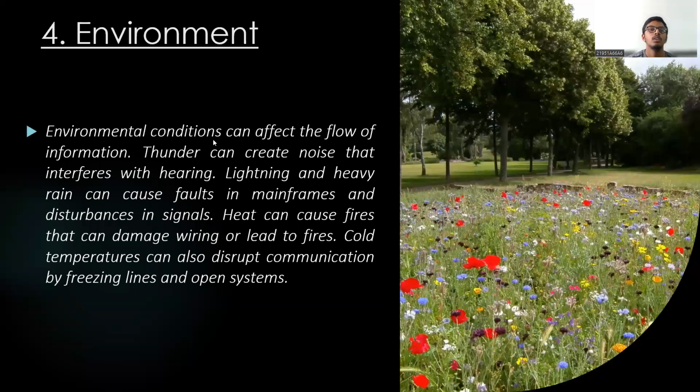Environment. Environmental conditions can affect the flow of information. Thunder can create noise that interferes with hearing. Lightning and heavy rain can cause faults in mainframes and disturbances in signals.